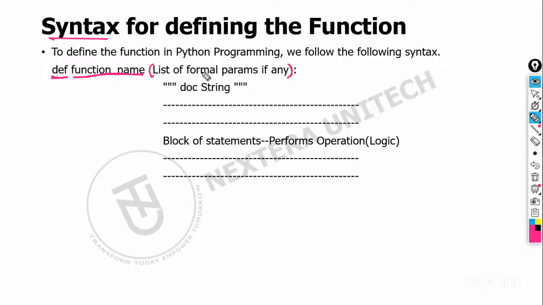Within the parentheses, we pass a list of formal arguments, formal parameters, then followed by the indentation symbol. Now we'll have our lines of code.